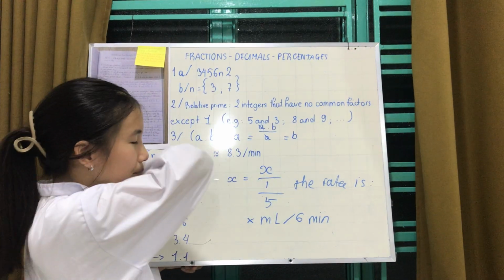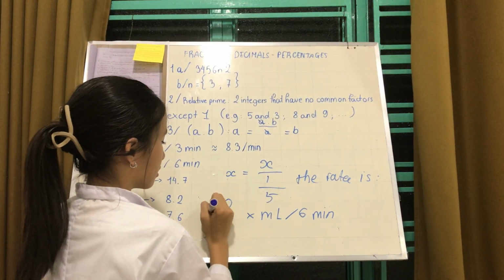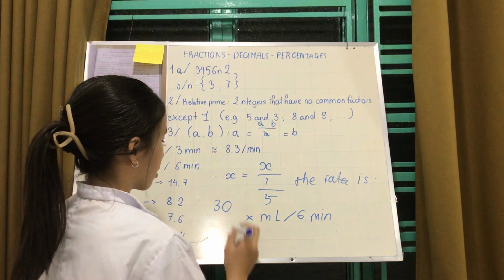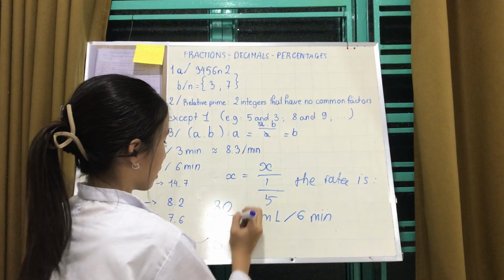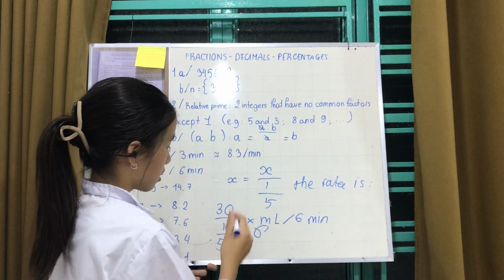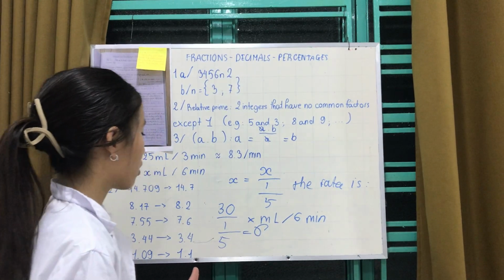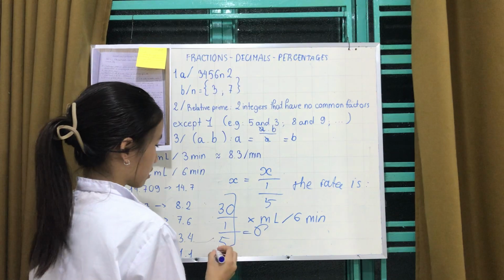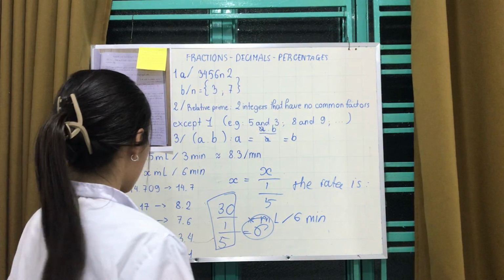So we'll take X here is 30, 30 divided by 1 over 5 equals 6 divided by 1/2. Okay, so that equals 6. That is my answer for problem B.